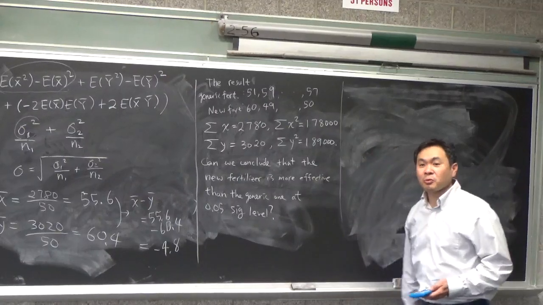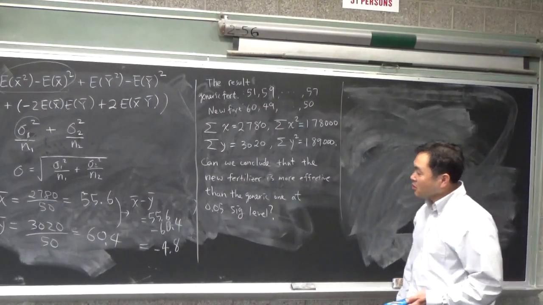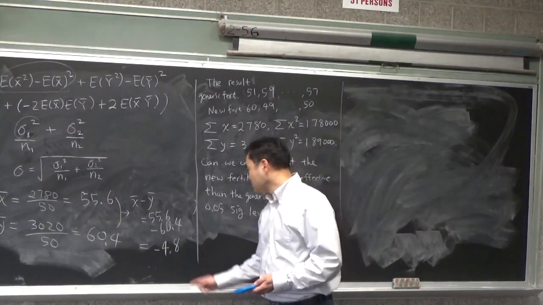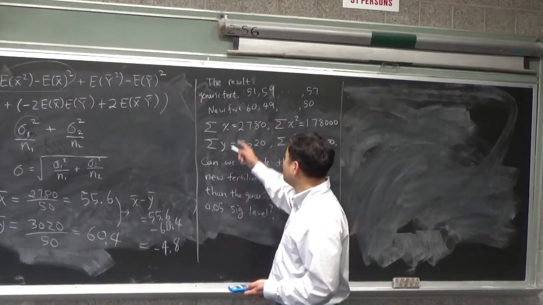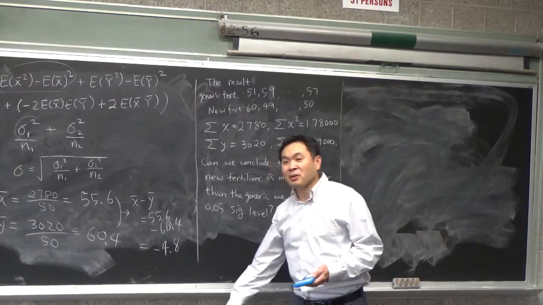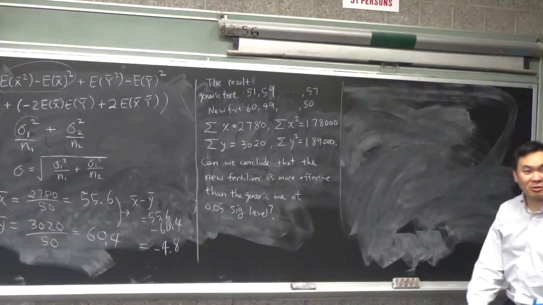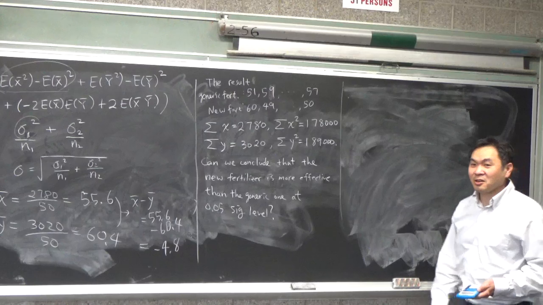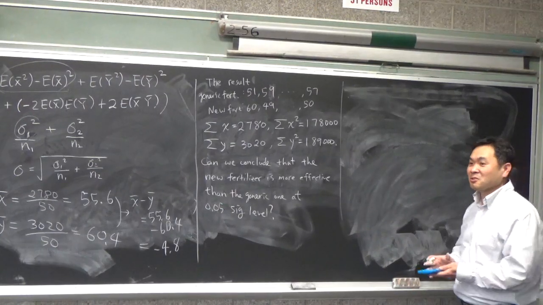So we have negative 4.8, which seems like a big enough difference. You see that on average, the new fertilizer treated ones gave you about 5 cherry tomatoes per plant more. And if you own a big farm, that could mean something.